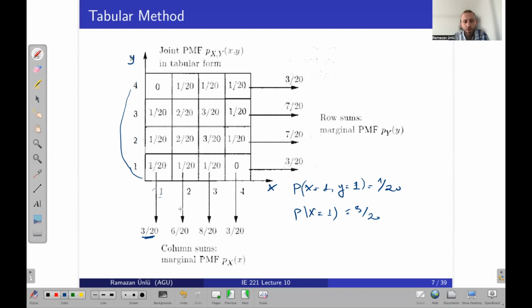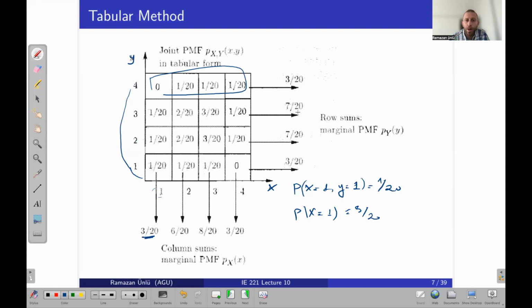The same thing goes for the probability of x equal to 2, x equal to 3, and x equal to 4. And the same thing here, the row sums will be the marginal PMF of y. For example, the probability of y equal to 4 will be the summation of these, which is 3 over 20.